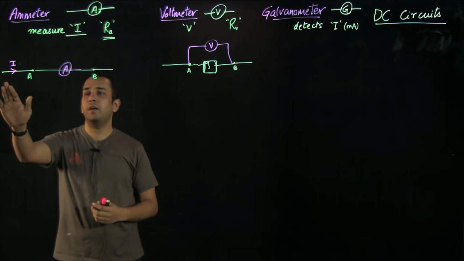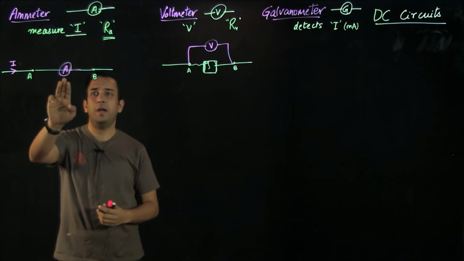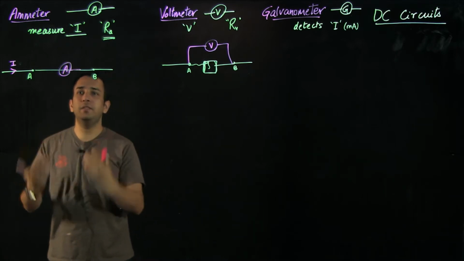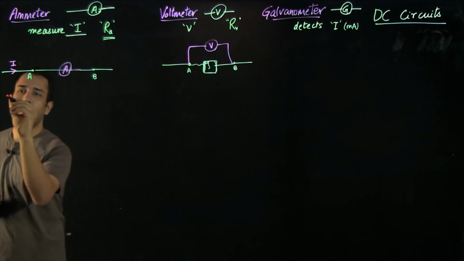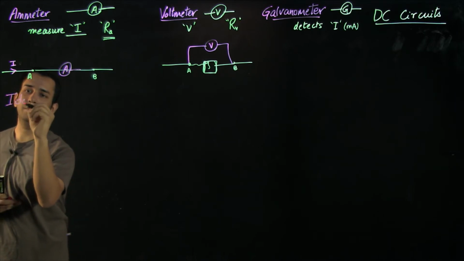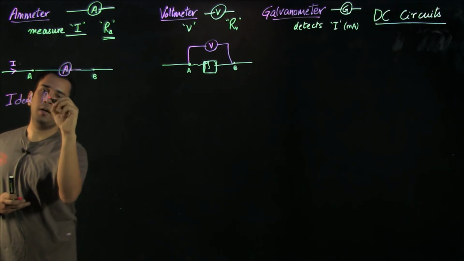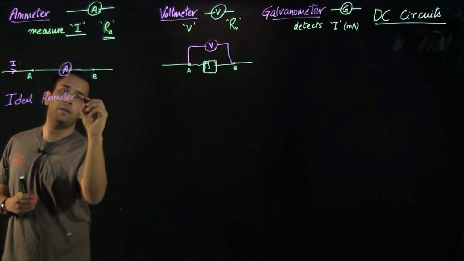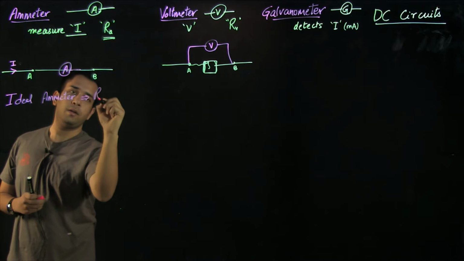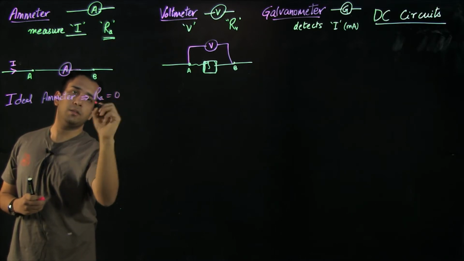So the original current which was flowing before addition of the ammeter should remain the same even after applying it. So I can define the property of an ideal ammeter: an ideal ammeter has resistance 0.